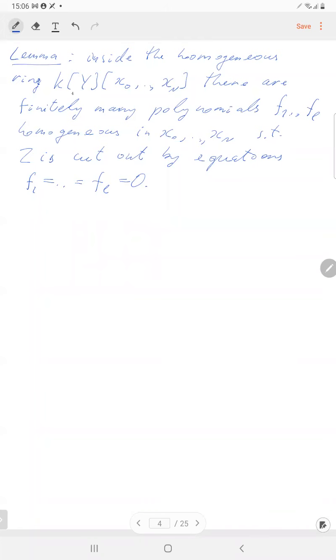So why is it so? Let's consider the cone. So this is the proof of this lemma.